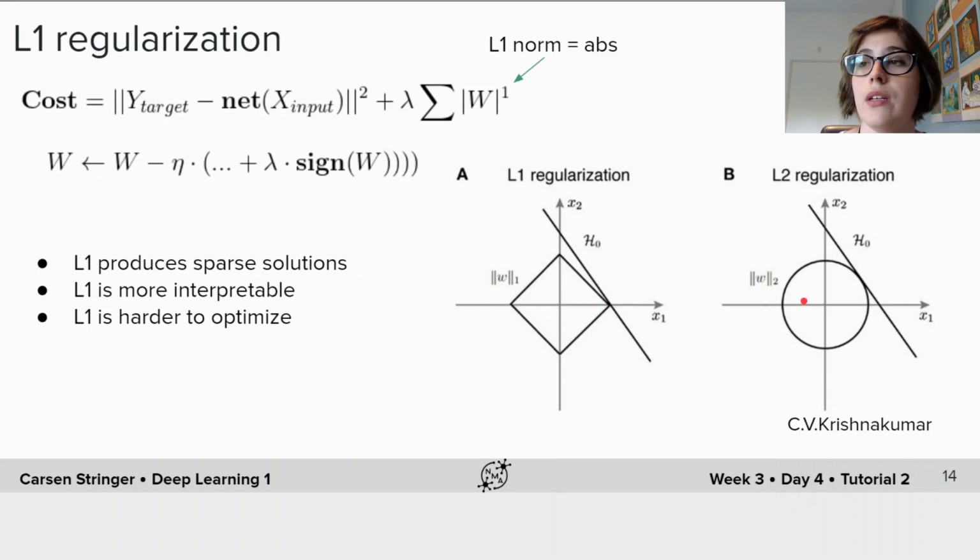We can look at the same thing for L2 regularization, and where H0 intersects with the minimization of this cost is this circle instead, and this intersection happens where both weights are positive and small. So L1 is producing these more sparse solutions where fewer weights are non-zero, whereas L2 is reducing the size of these weights.